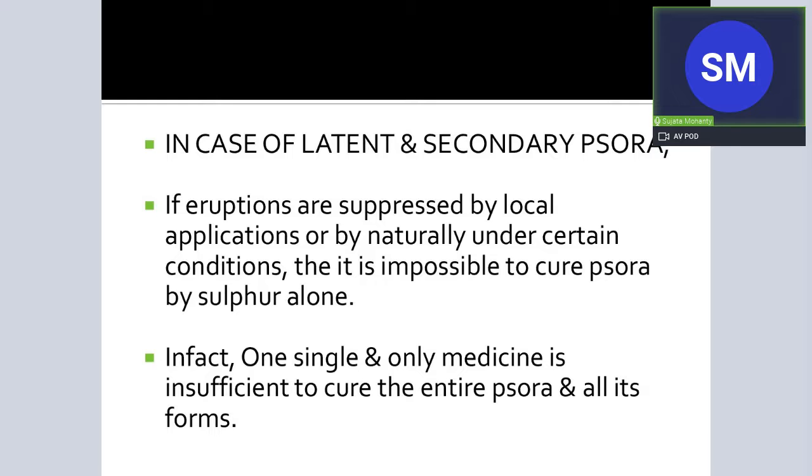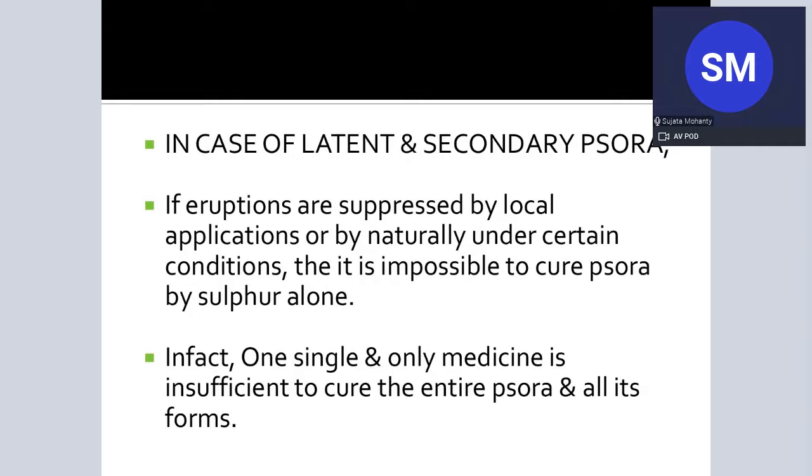If the psora is in a latent state or in secondary manifestations, then the eruptions have been suppressed by local applications or naturally under certain conditions. Then it is impossible to cure psora by Sulphur alone. In fact, one single medicine is insufficient to cure the entire psora in all its forms.